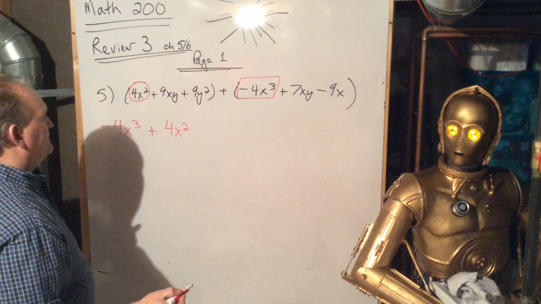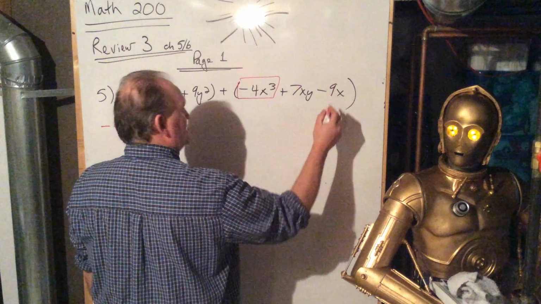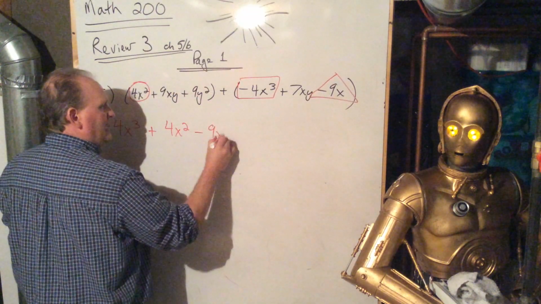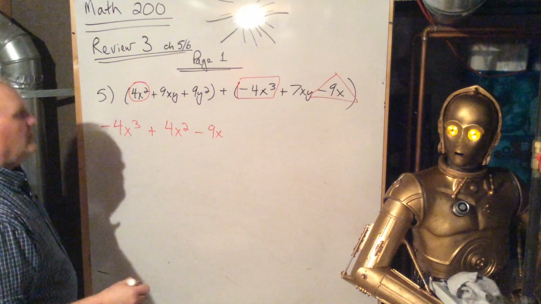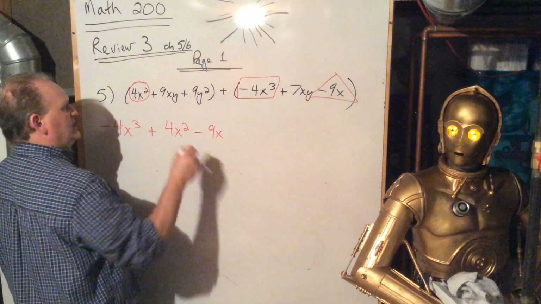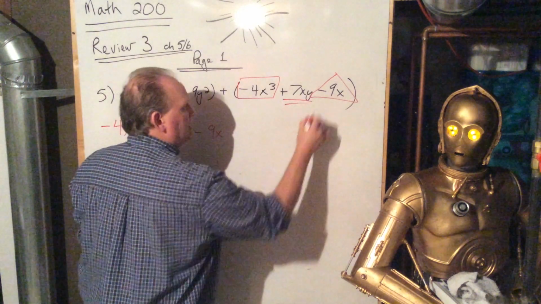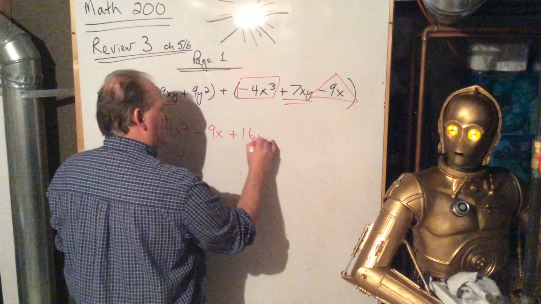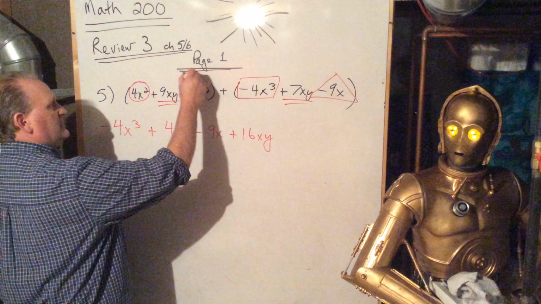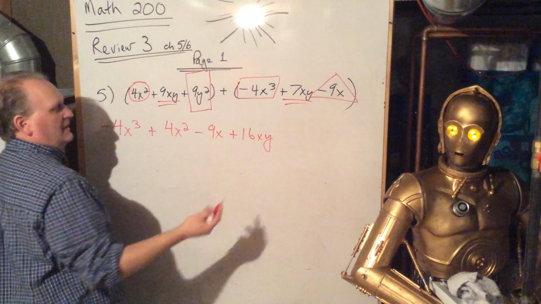I guess we'll do the 9x next. Nobody for that either, minus 9x. And then, oh, finally we get a match. Here, I'm kind of out of shape, so we'll just underline it twice. 9xy, 7xy, 16xy. And then the last thing that we haven't done, I'll put a weird rectangle on it. 9y squared.